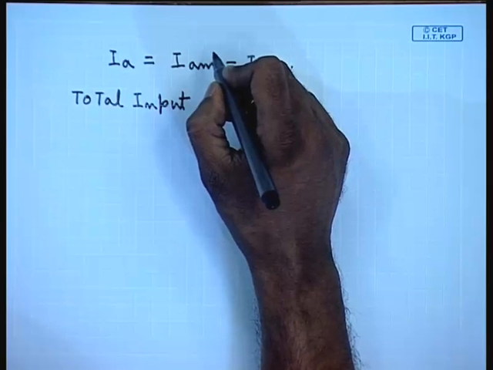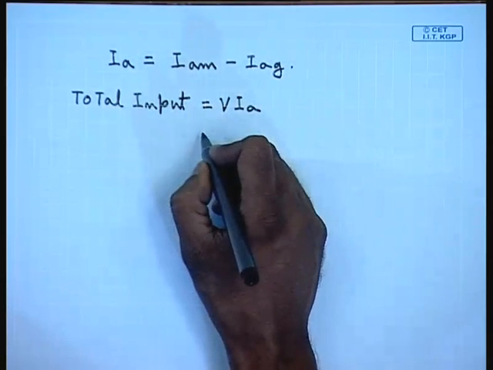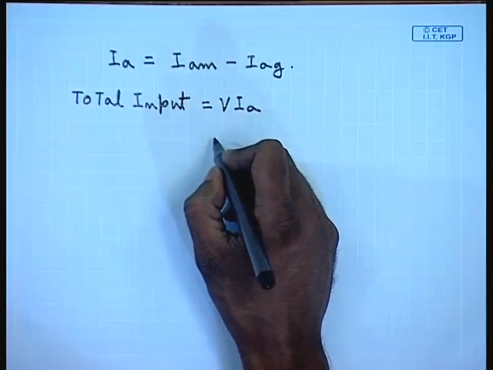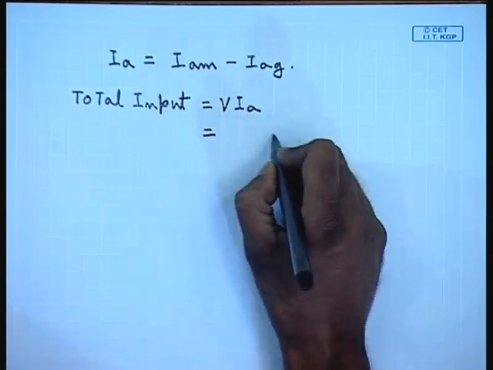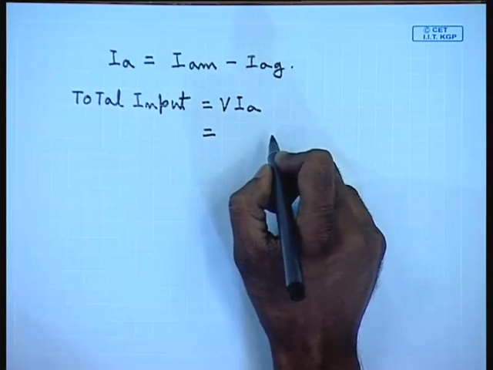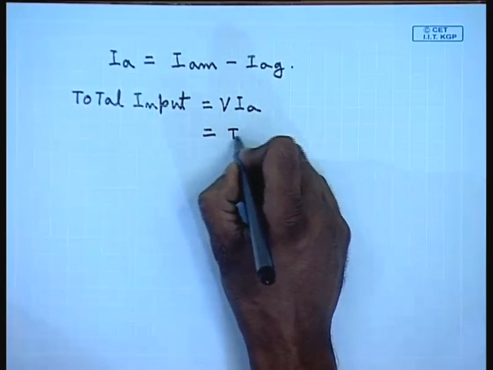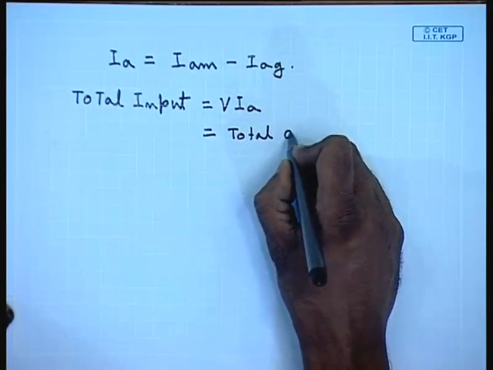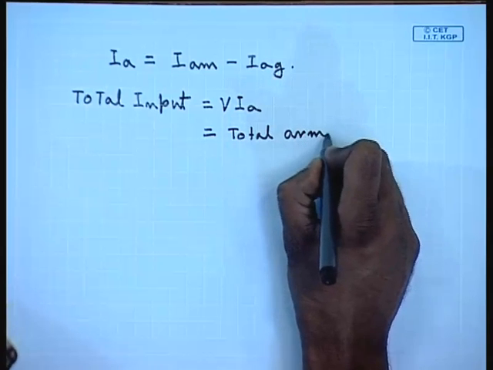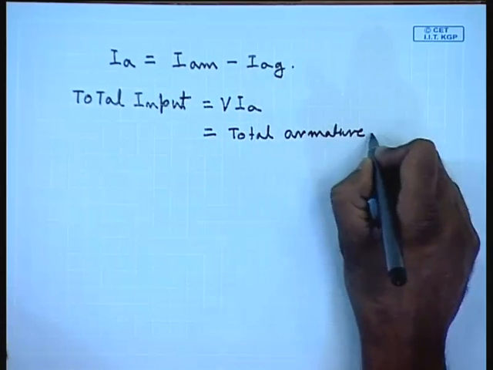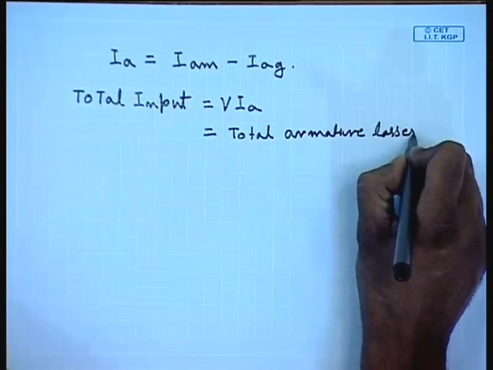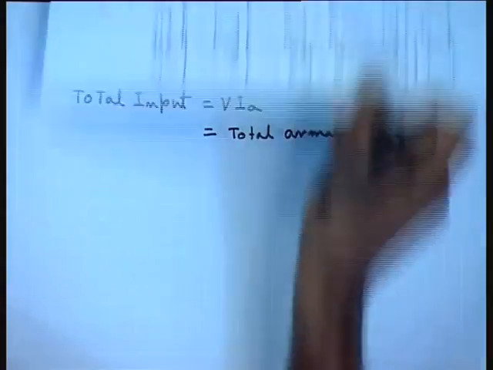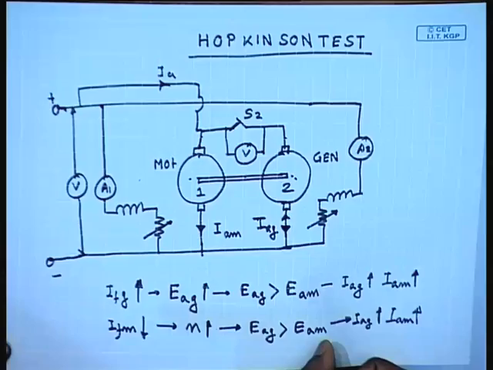So, this is equal to total armature losses since there is no output.